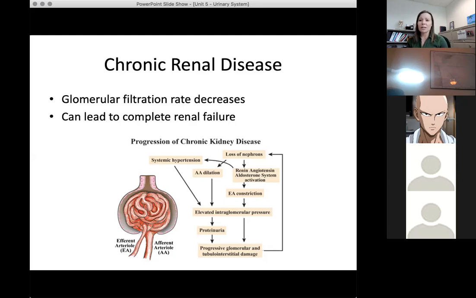I mean, the biggest issue that's going to cause is that it's going to lower the pH of blood. And that right there could cause death if it lasts for long enough and if it gets low enough. Often chronic renal disease is caused by, it can be a bunch of things, but common causes are diabetes and hypertension.